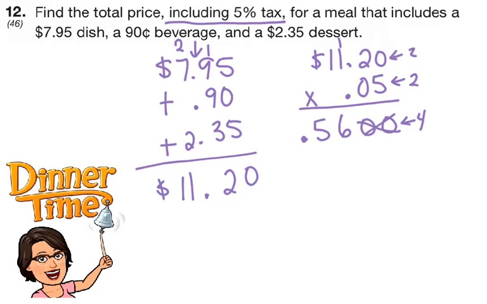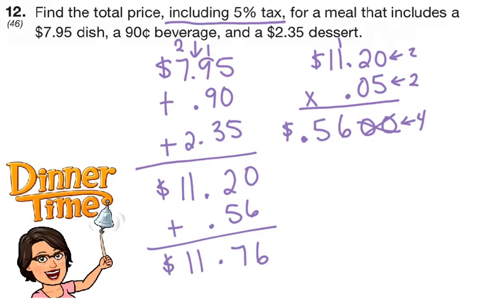So 56 cents is my tax, so I'm going to add 56 cents to my total, which is going to give me $11.76. How'd you do? Did you find that? If you didn't, I hope you saw where your mistake was, and if you did, totally give yourself a pat on the back. I'm proud of you, because I know these tax problems were definitely giving us problems there for a while.